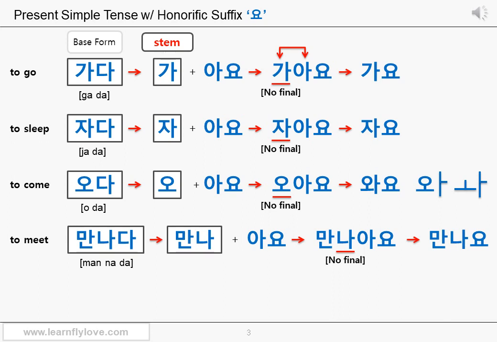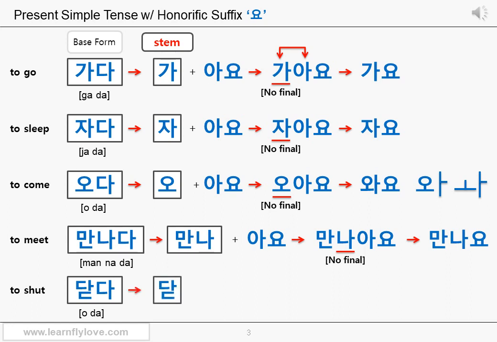Got it? Okay. By now, you might think all stems that have the yang vowel a in the last letter don't have a final consonant in Korean. That's actually true, partially. Let's try this with a verb, the last letter of which actually has a final consonant. 닫다 means shut or close, like when you say shut the door or shut your mouth.